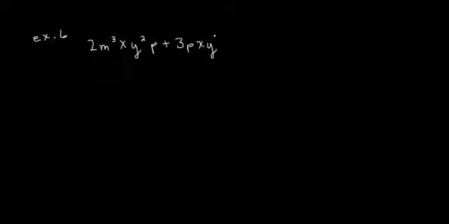It's 2m to the third x y squared p plus 3p x y squared m to the third minus 10 y squared m to the third p plus y x squared m to the third p.